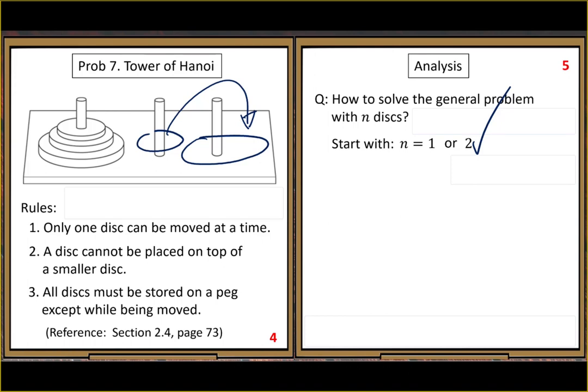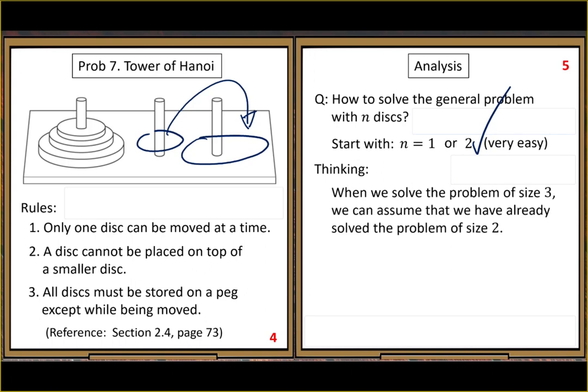Then let us work on n equals 3. The thinking part. Before we work on n equals 3 directly, let us make a critical, important observation.